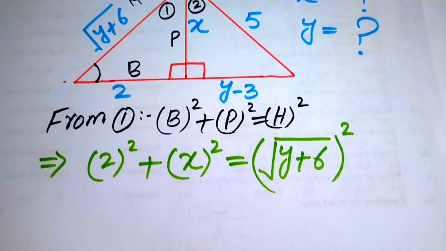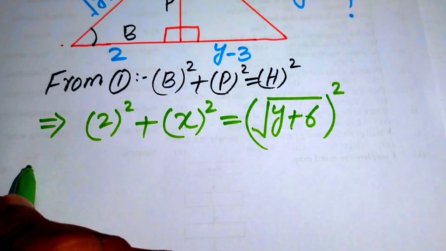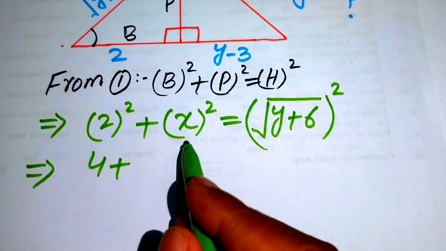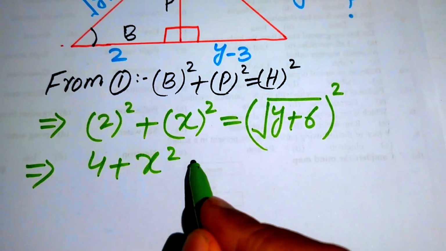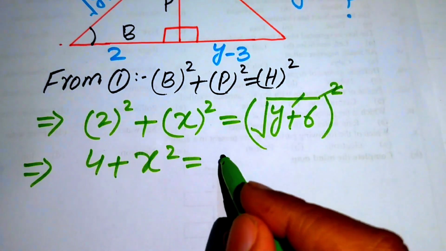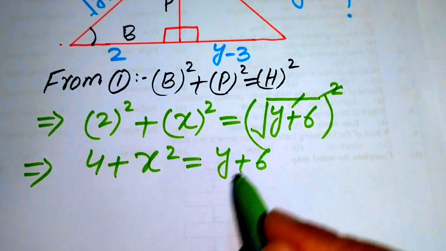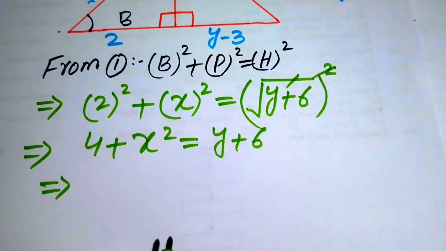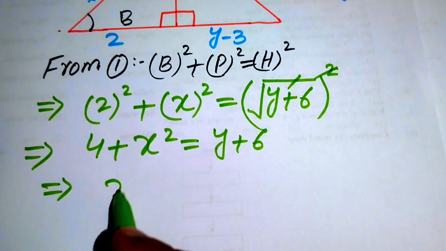Now first we simplify this equation: 2 square becomes 4, and we write x square, equals, the square and square root cancel each other, and we get y plus 6.